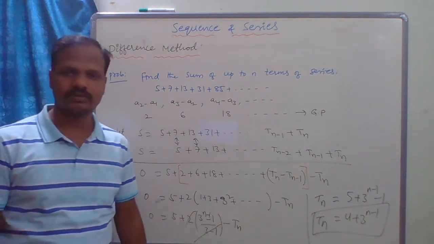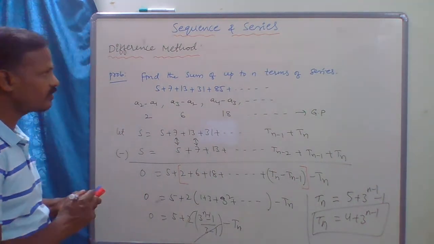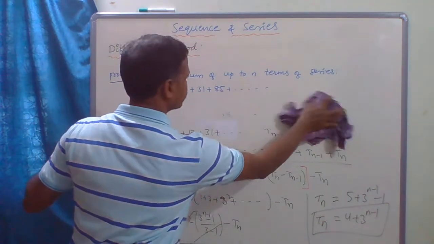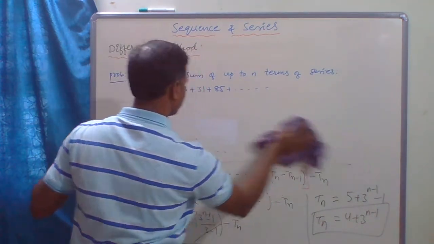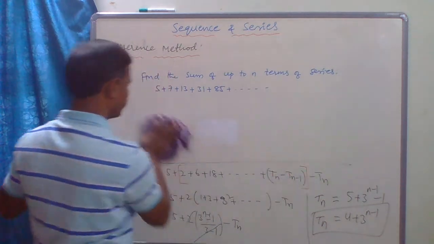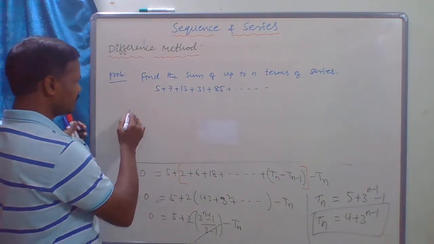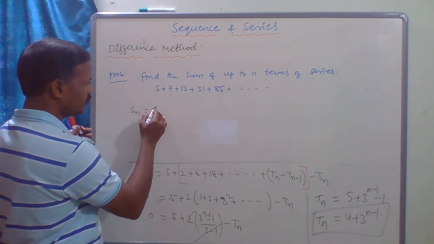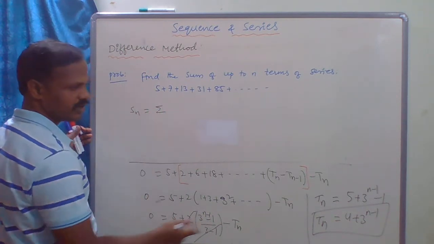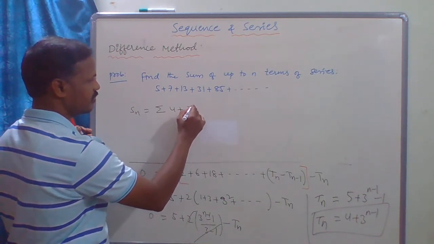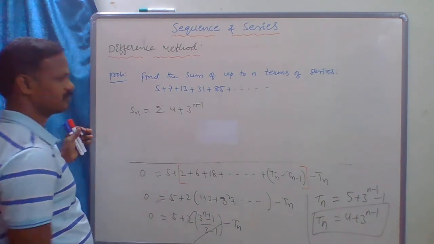Now what do we have to do? We have to find the sum now. So Sn equal to summation. We have to apply the summation of 4 plus 3 power n minus 1.